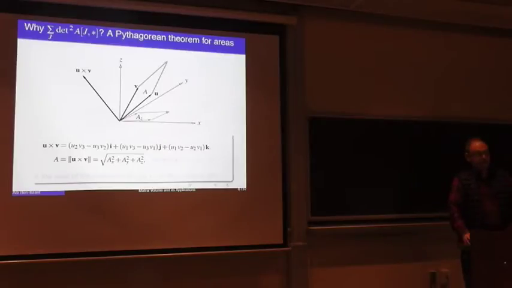Each one of them is a projection of the parallelogram on one of the coordinate planes. So in this case, I can write that A is the square root of A_X squared plus and so on, and A_X is the projection of the area on the YZ plane.